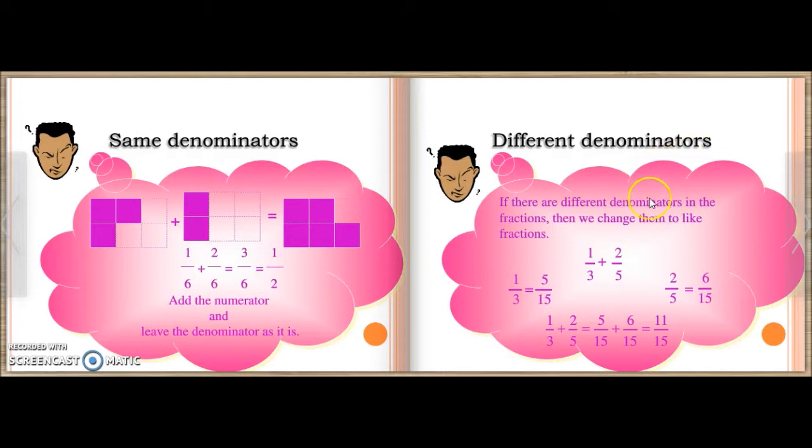If there are different denominators in the fractions, then we change them to like fractions. For example, 1 over 3 plus 2 over 5. We change 1 over 3 to 5 over 15 and 2 over 5 to 6 over 15. When we add them up, we get 11 over 15.